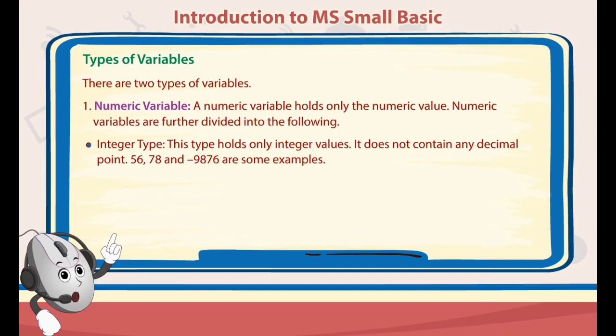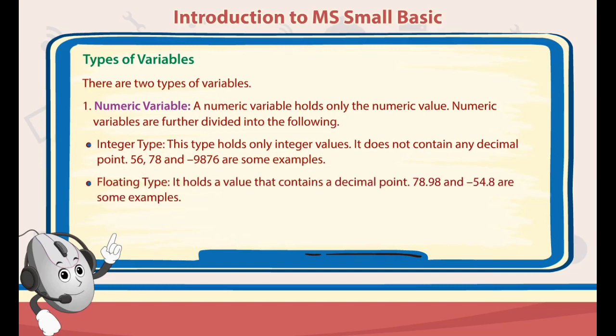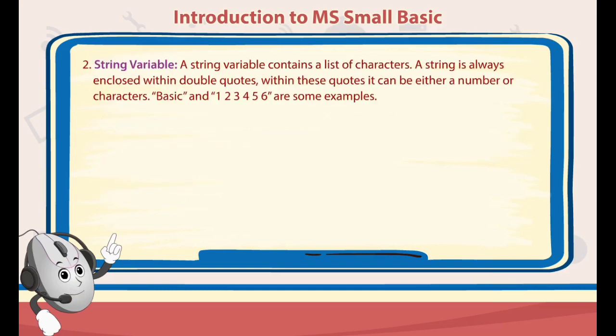It does not contain any decimal point. 56, 78 and minus 9876 are some examples. Floating type. It holds a value that contains a decimal point. 78.98 and minus 54.8 are some examples.